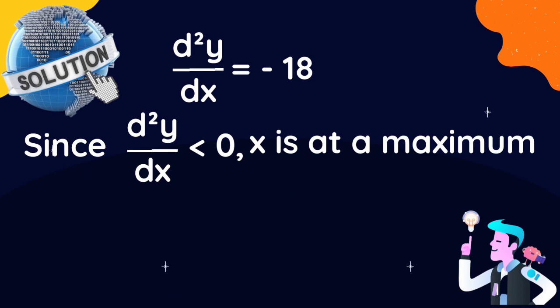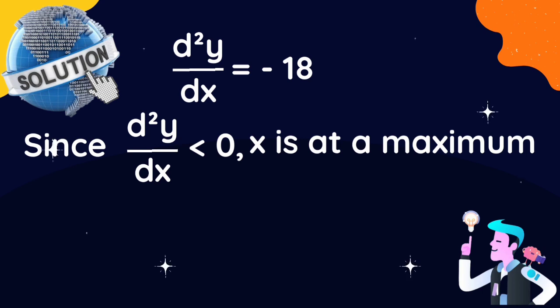Since the second derivative gave a negative answer, d squared y over dx squared is less than 0, which implies that x is at a maximum point. So that means we are going to determine the maximum point of the function.